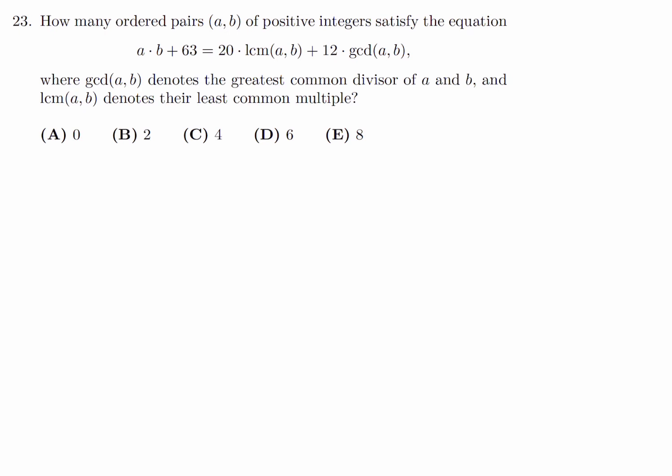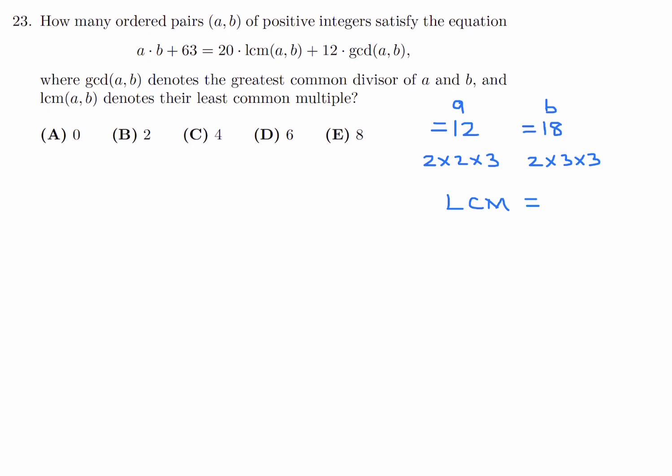Well, I want to illustrate a few things with a little bit of an example first. Let's say a is 12 and b is 18. Well, 12 is 2 times 2 times 3. b is 2 times 3 times 3. Now let's calculate the least common multiple.